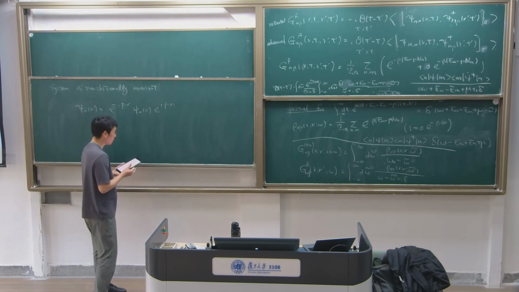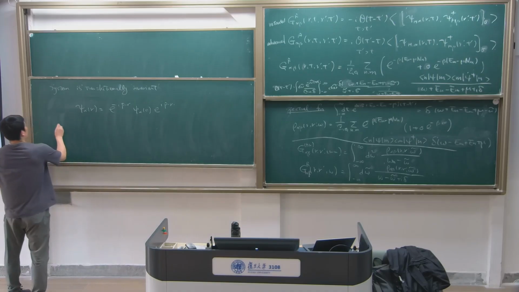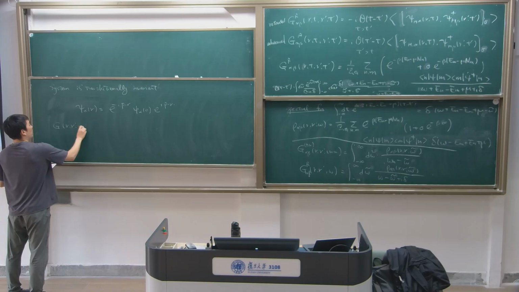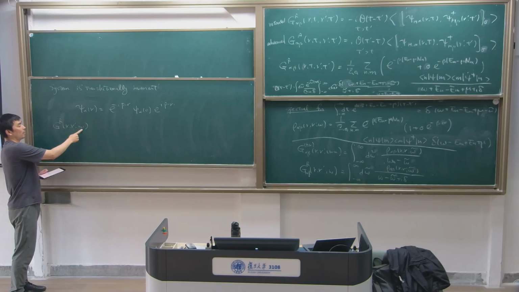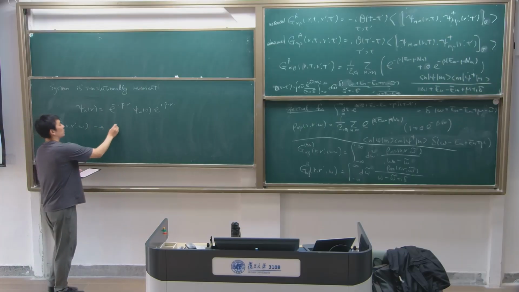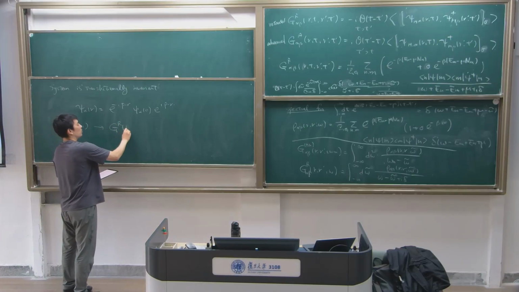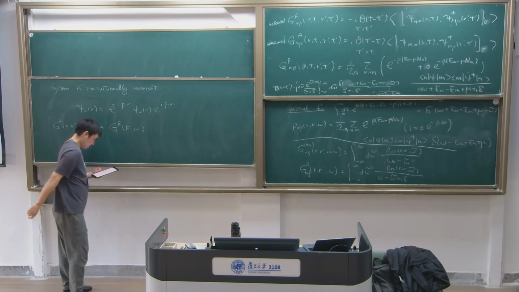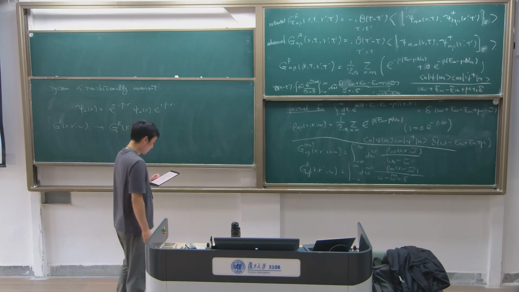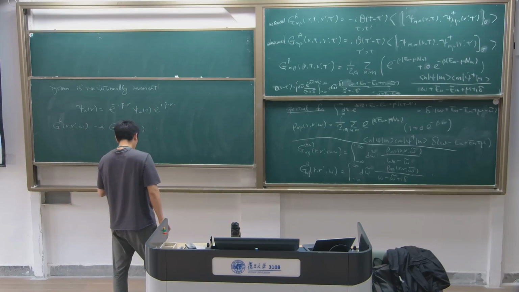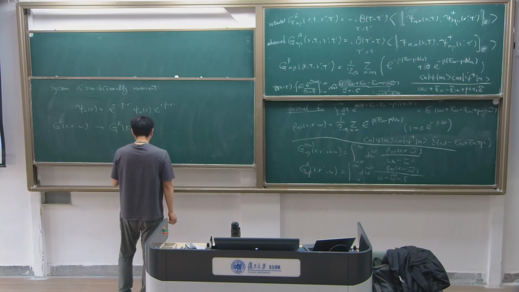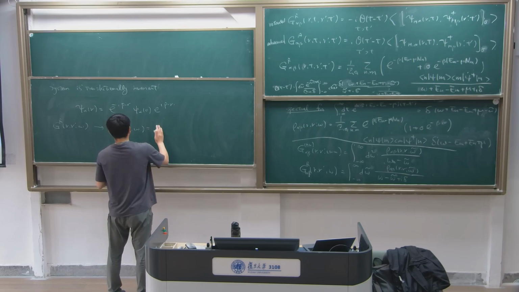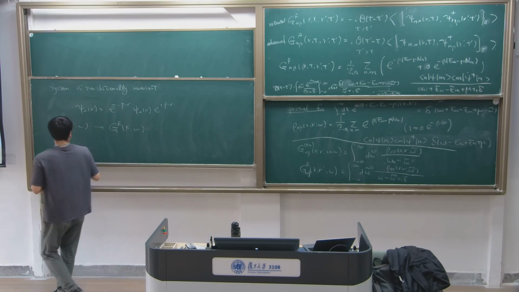So far we just write down G of r, r prime and omega, and this can be just a Fourier transformation. I'm not going to write everything, but it's a very straightforward derivation, just a simple exercise.